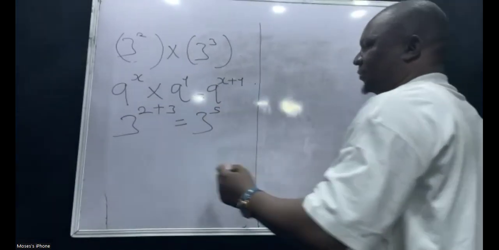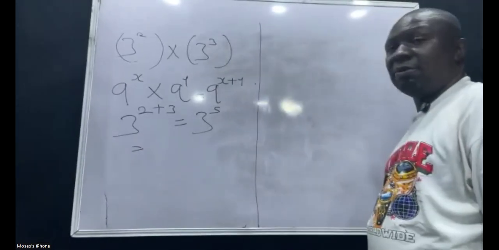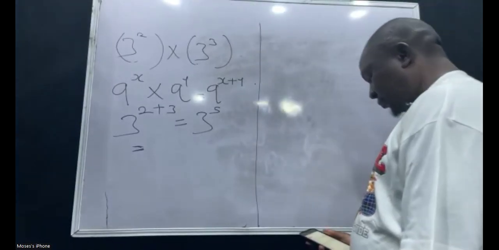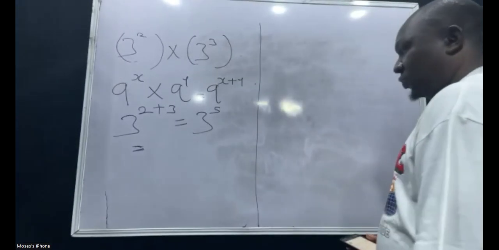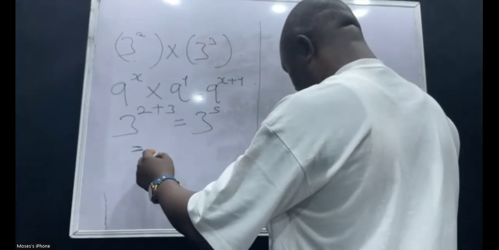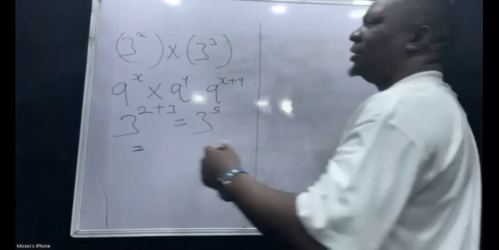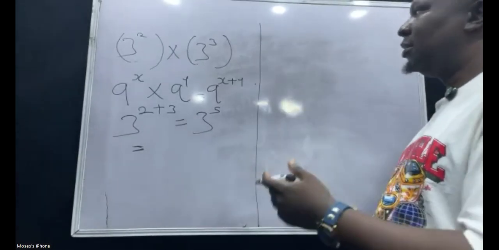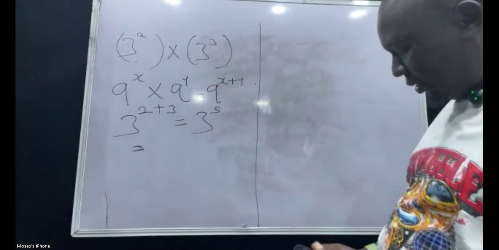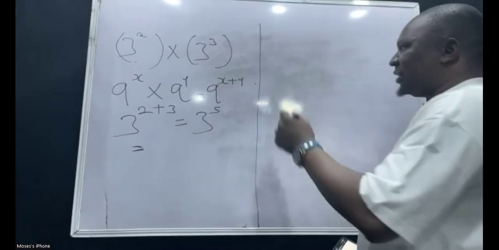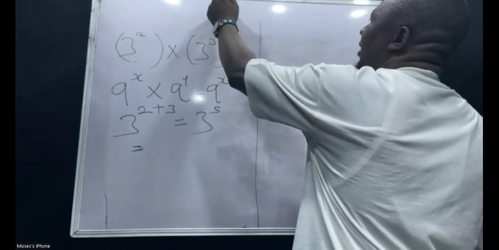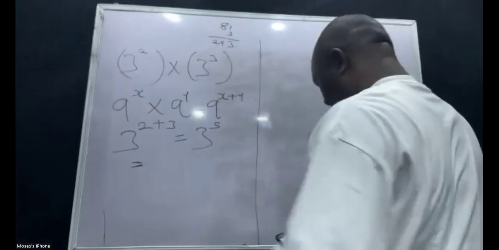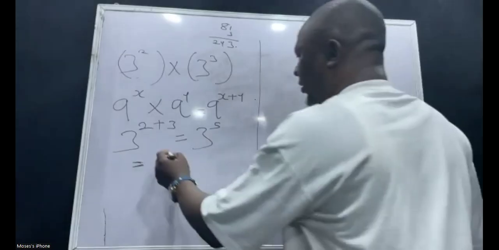And what is 3 raised to power 5? Who can tell me? That's 3 times 3, which is 9. 3 times 9 is 27. 3 times 27 is 81. 3 times 81 is what? 243.